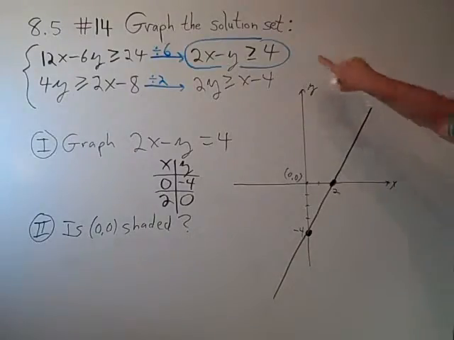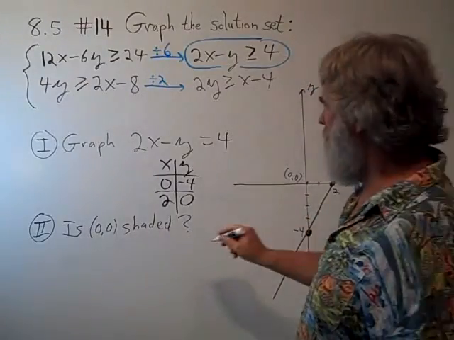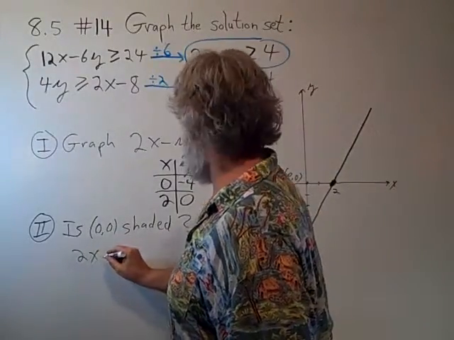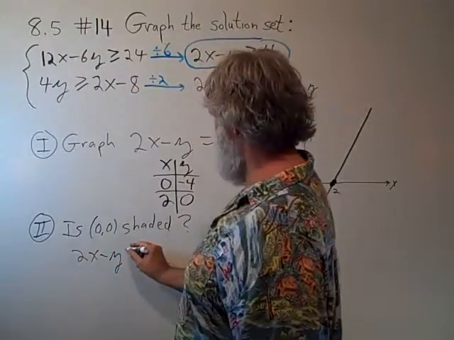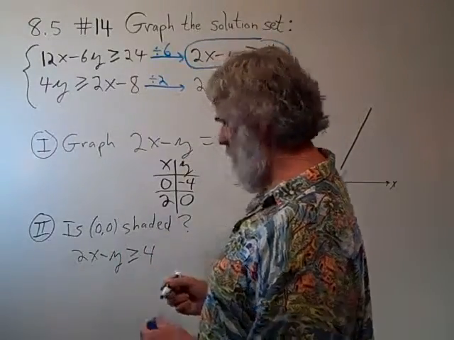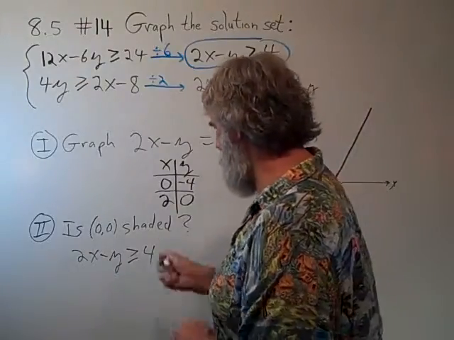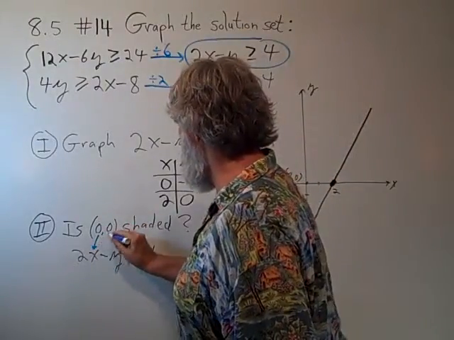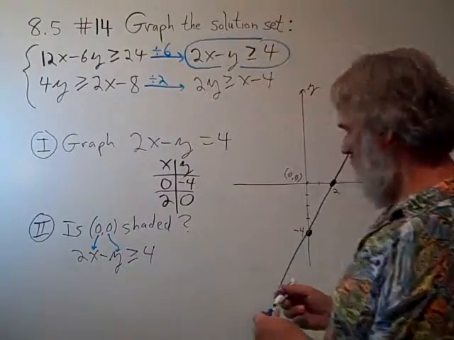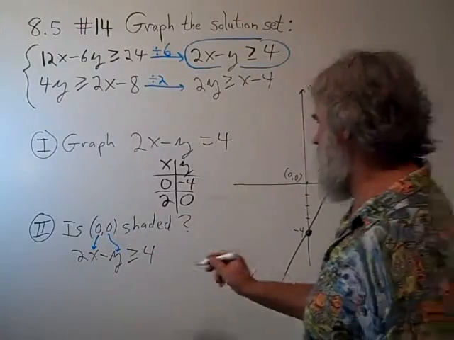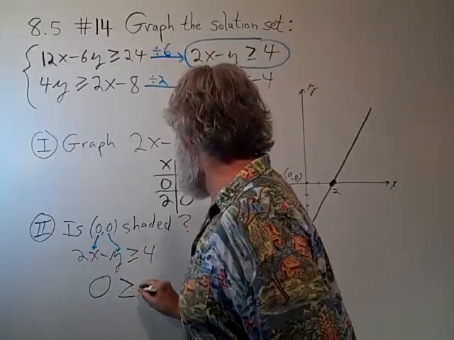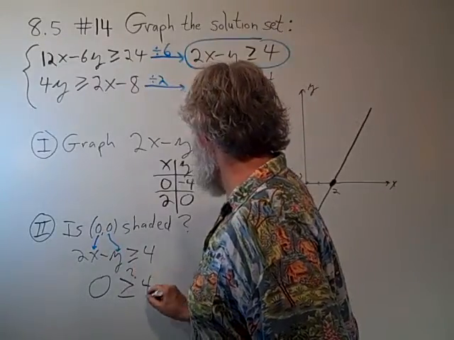So we go to the original inequality here and see: 2x minus y, is that bigger than or equal to 4 when x is equal to 0 and y is also 0? The left side becomes 0 then. 0 is not bigger than 4.